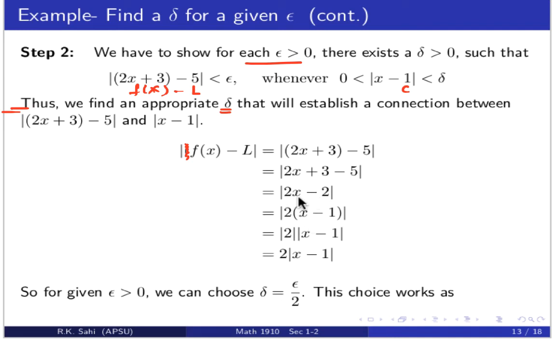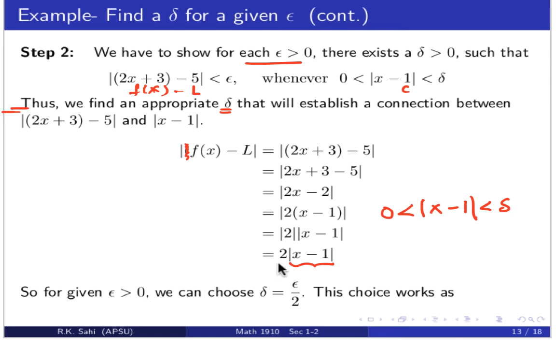We're doing everything inside the absolute value, and normally, the way we did in the previous one, this is 2 times (x − 1). So you can write this as |2||x − 1|, and the absolute value of 2, which is a number, is simply 2, times |x − 1|. Now, remember, we've already got |x − 1|. What are we looking for? 0 < |x − 1| < delta. In other words, we want the coefficient of the absolute value of x − 1 to be 1.